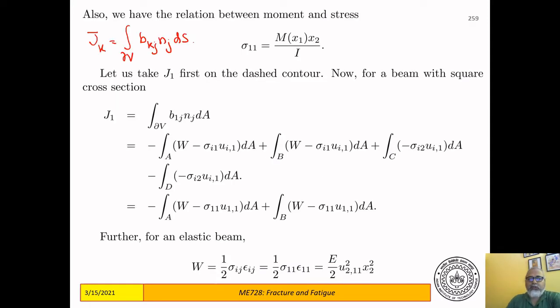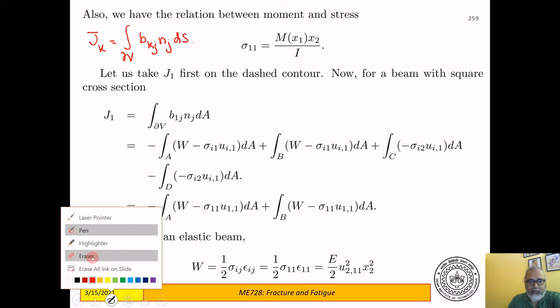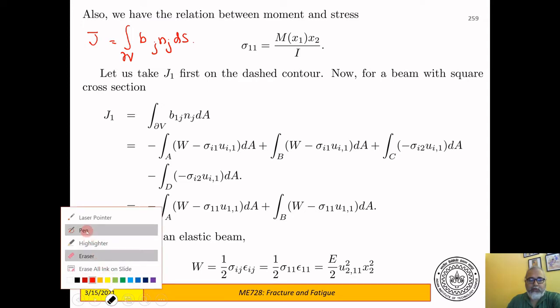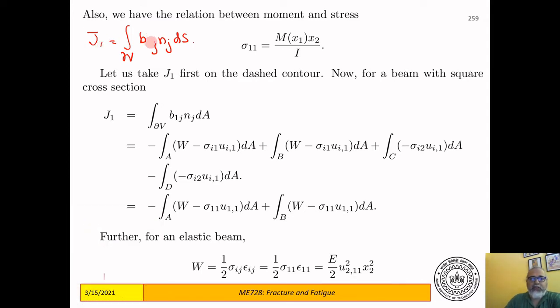So we will calculate J1 first, which is going to be B1j nj, and remember Bkj is equal to W delta kj minus sigma ij ui comma k. So B1j will be W delta 1j minus sigma ij ui comma 1.